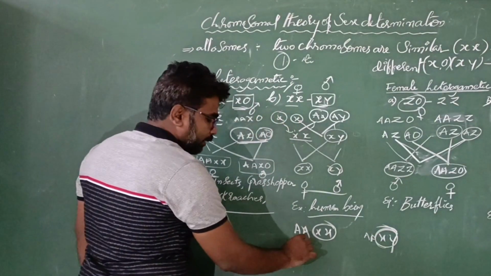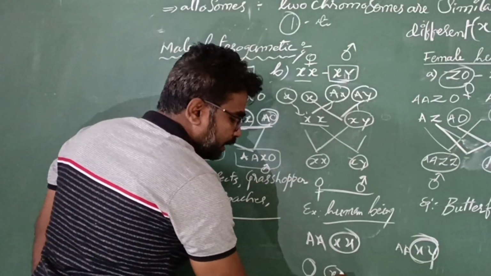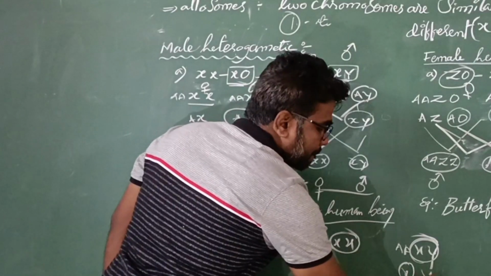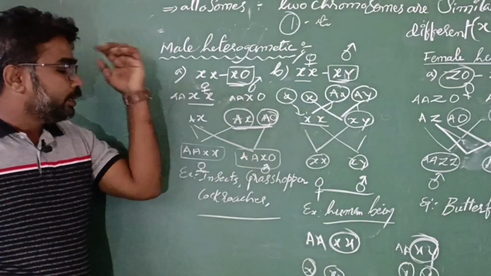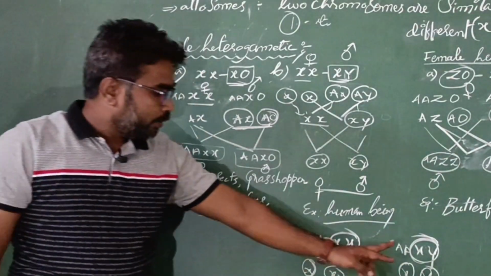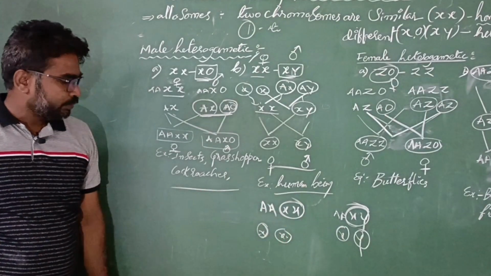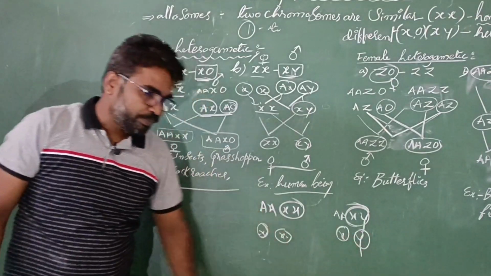Okay, here the female individual is homozygotic, male individual is heterozygotic. Female individual is homozygotic, means it produces XX. Heterozygotic, hetero means different, XY.